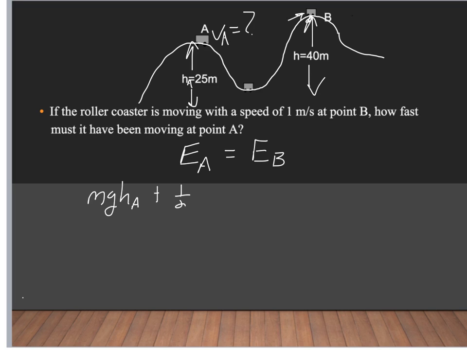So 1/2 m v squared at A. And there's no spring. And then we look at point B. Object does have a height. And it is moving.